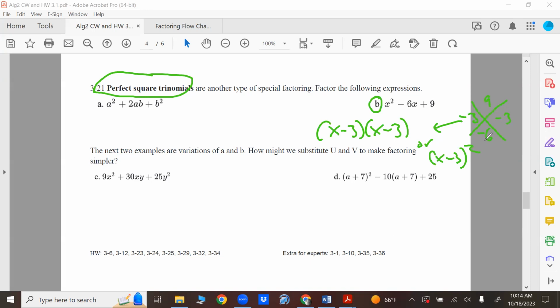So how can you tell it's a perfect square trinomial? The first term and the last term are perfect squares. First term, last term are perfect squares.